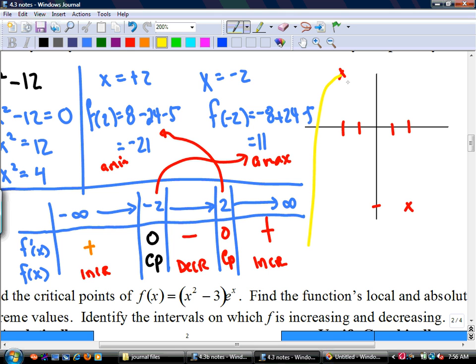Go horizontal for a split second. Fall to +2. Go horizontal for a second. And climb out to infinity. Isn't that exciting? So you put it in your calculator, it looked just like that.